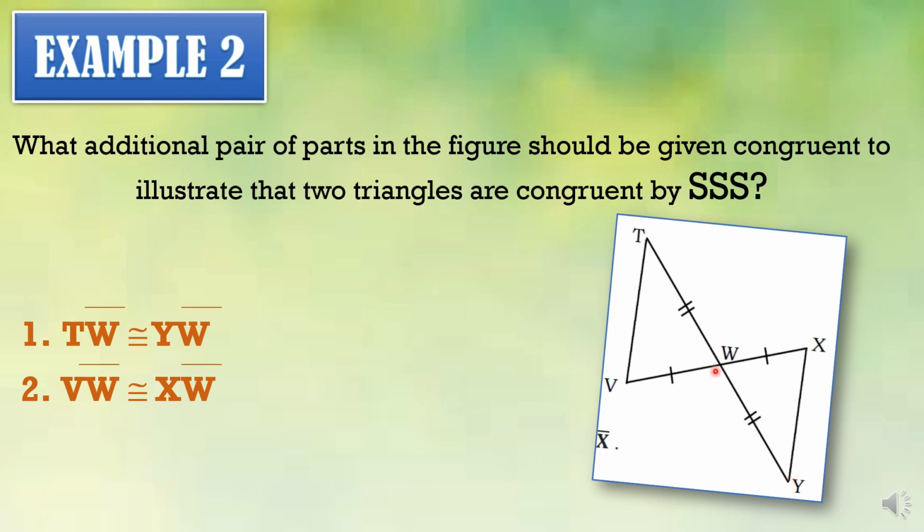And line segment VW is congruent with the line segment XW. So we are looking for the remaining side to be congruent. Yes? You are correct. Therefore, line segment TV is congruent with the line segment YX.